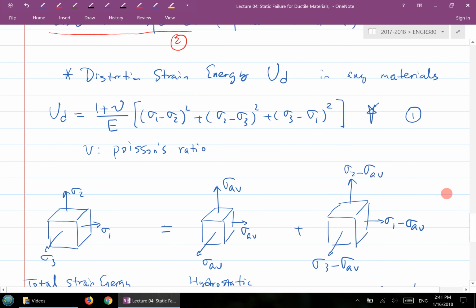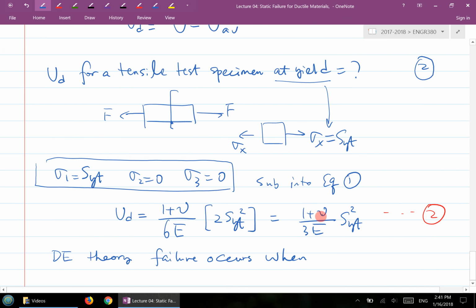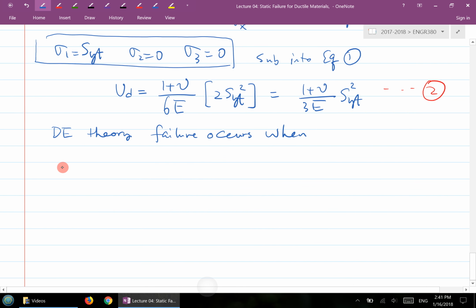Number 1 has 1 plus Poisson's ratio over E, and number 2 also has 1 plus Poisson's ratio over E. So if you compare these two, we end up with this expression.